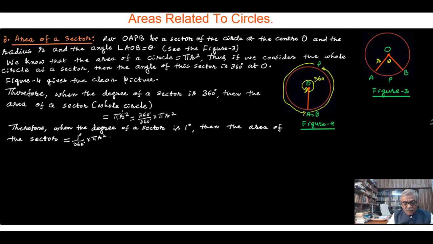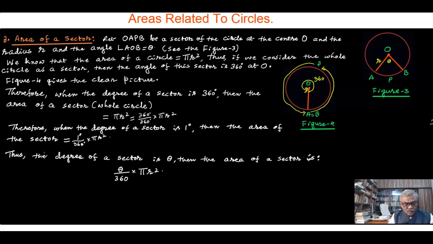For 360 degrees, 360 by 360 into pi r squared is the area of the whole circle. When the degree of a sector is 1 at the center, then the area of the sector is equal to 1 by 360 into pi r squared.